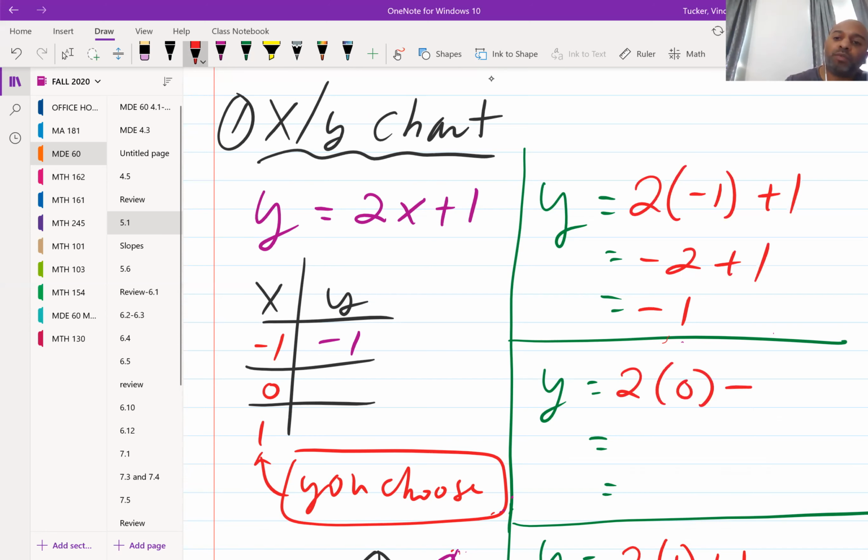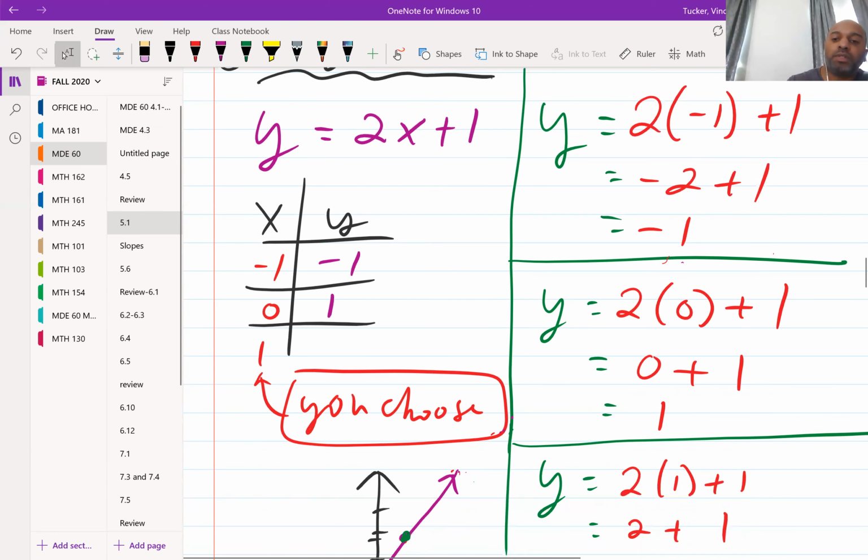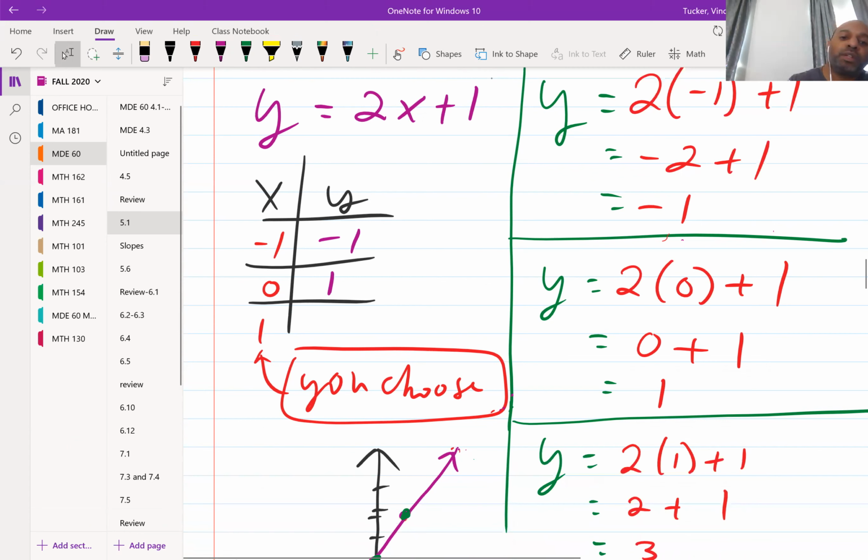Here, 2 times 0 plus 1. 2 times 0 is 0, plus 1 is 1. So when x is 0, y is 1. Then do the same thing for +1. 2 times 1 is 2, plus 1 is 3. So those are our 3 points.